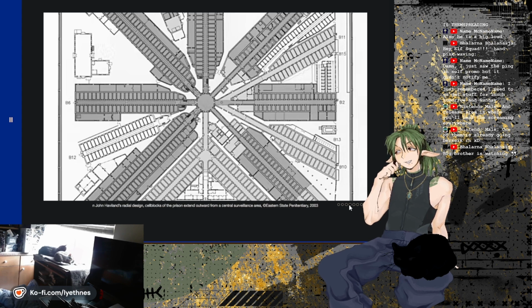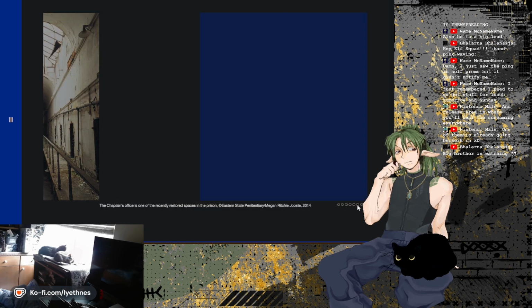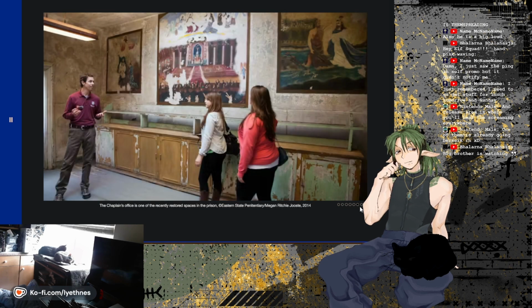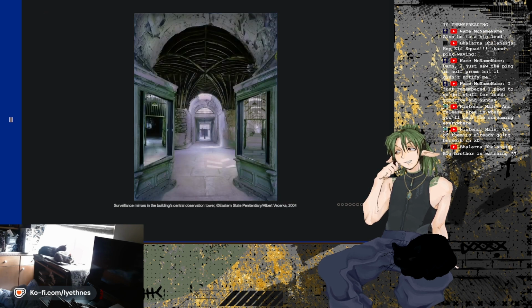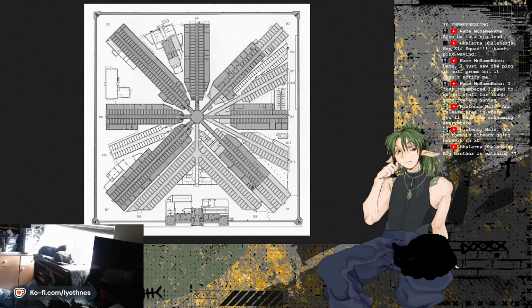Maybe I'm remembering something different, but this is huge, and we'll find out that this prison design as well didn't work for a very specific reason.